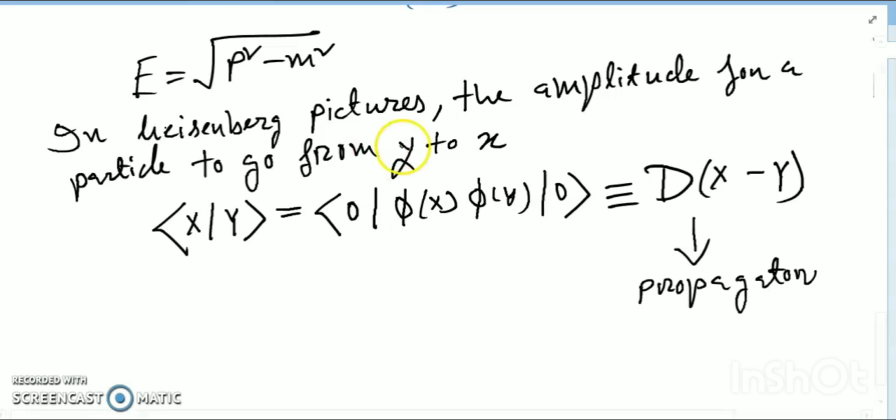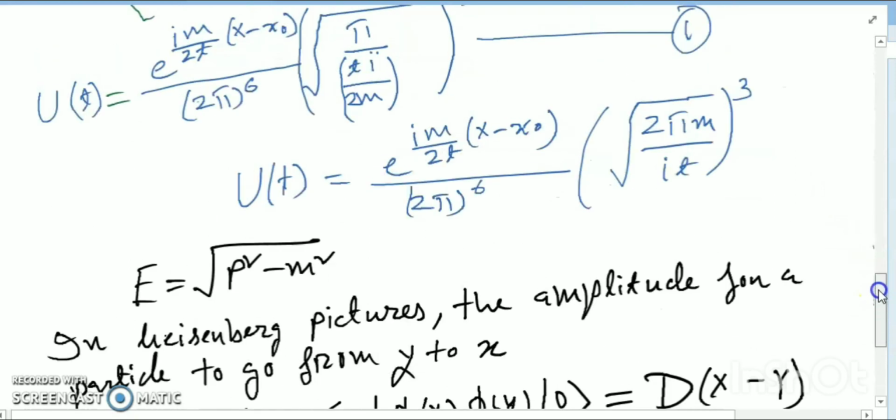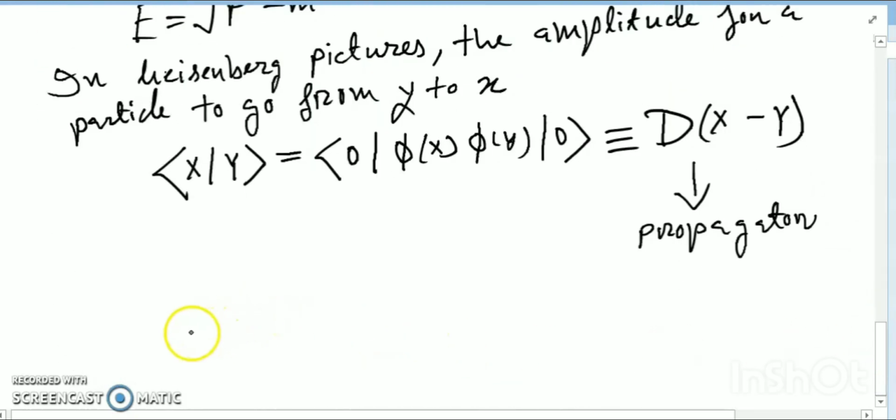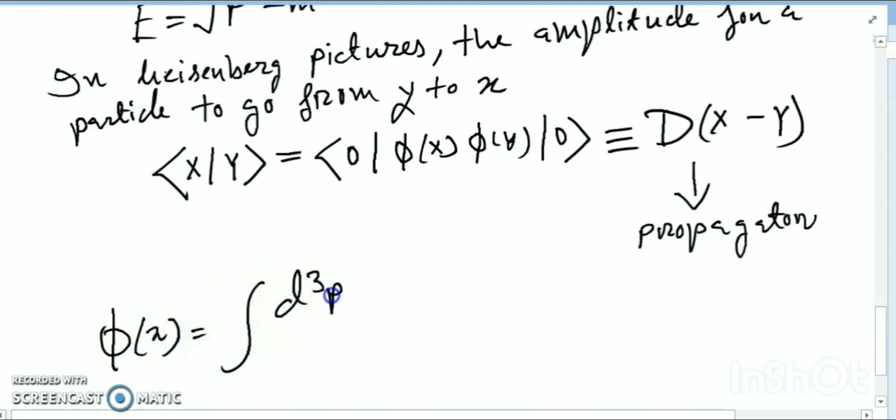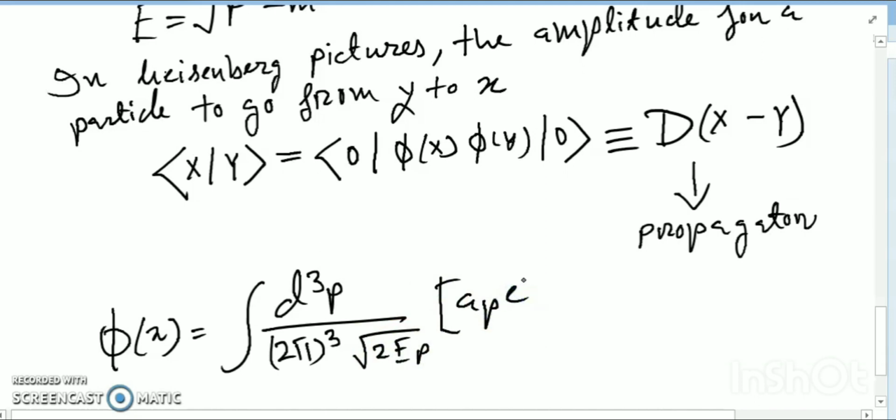Phi x equals integration d cube p divided by 2 pi whole to the power 3, root over 2 Ep, a_p e to the power minus ipx plus a_p dagger e to the power plus ipx. Sorry, e to the power plus ipx. So this is the equation. This equation is very, very important.